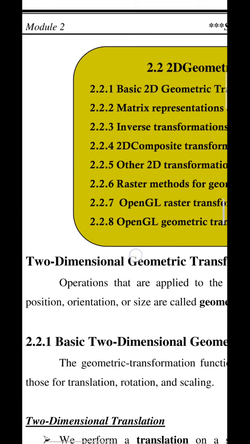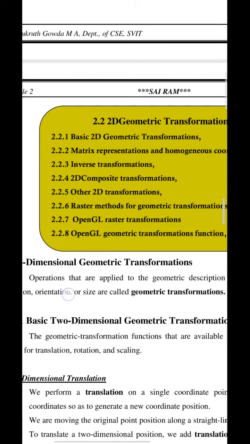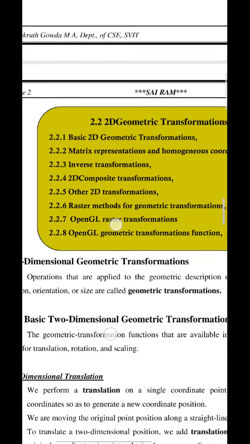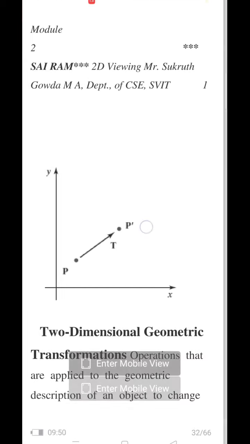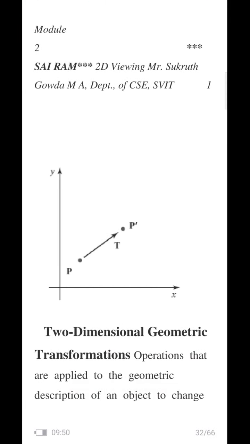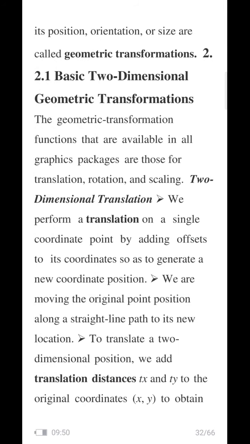Let us begin with the basic thing, two-dimensional geometric transformation. Operations that are applied to the geometric description of an object to change its position, orientation, or size are called two-dimensional geometric transformation.